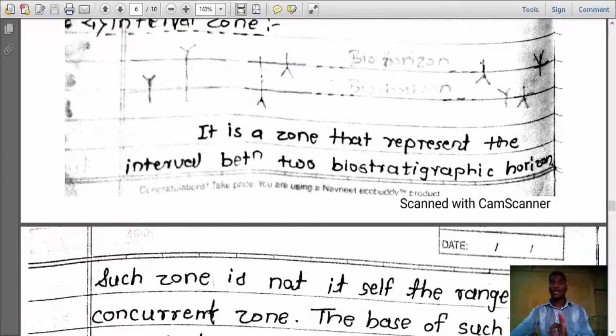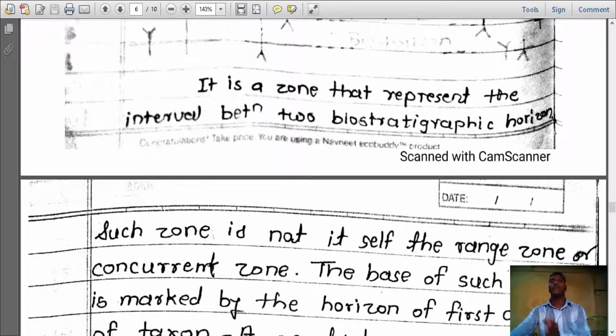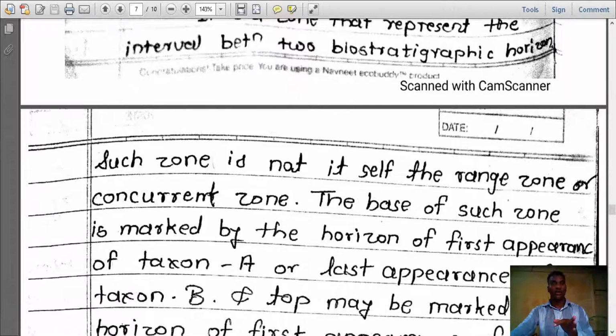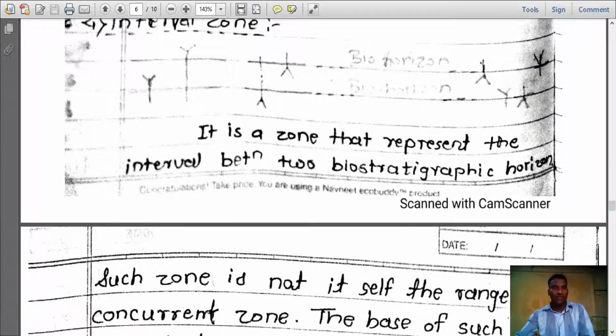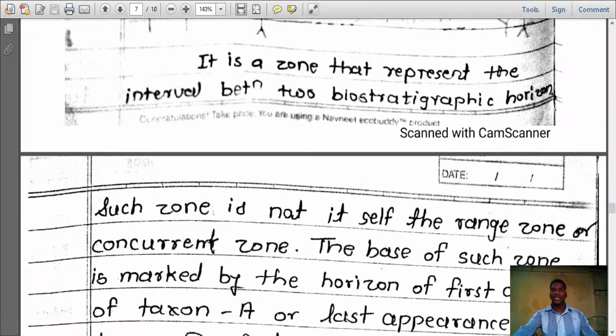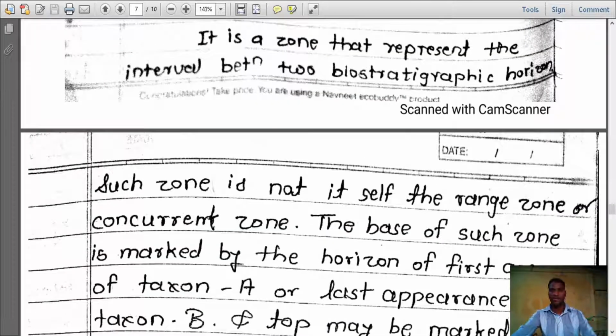It is a zone that represents the interval between two biostratigraphic horizons. Such a zone is not itself the Range zone or concurrent zone.